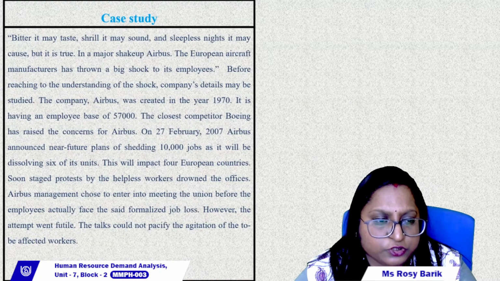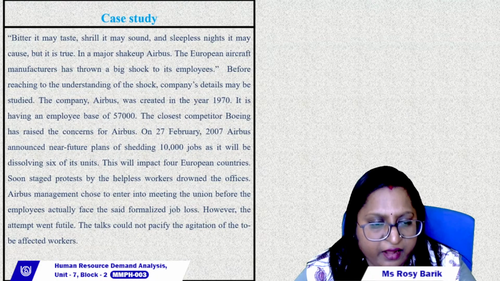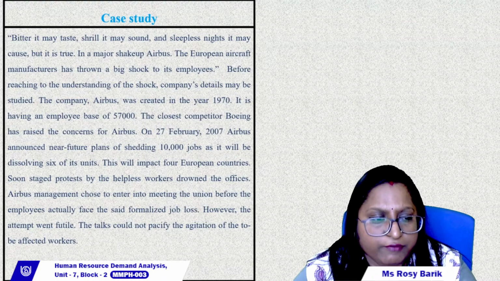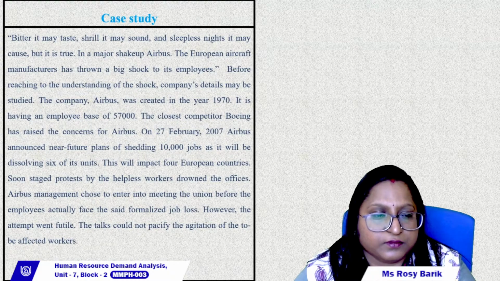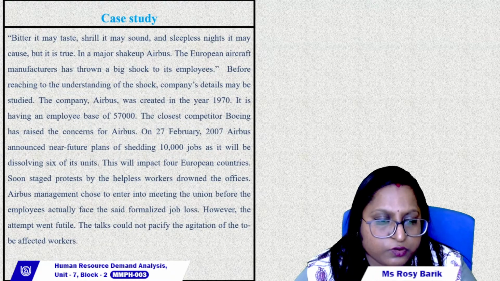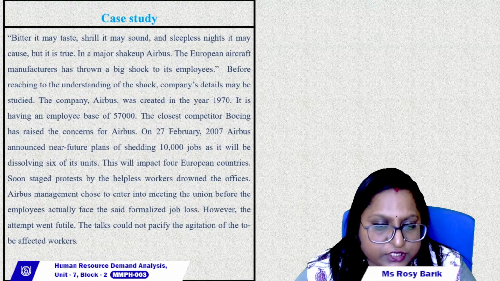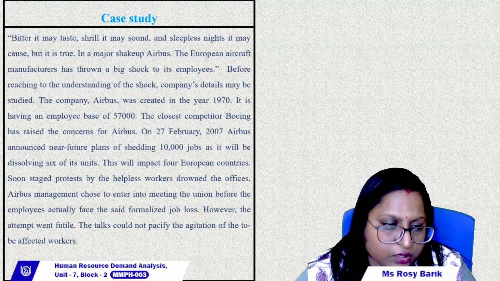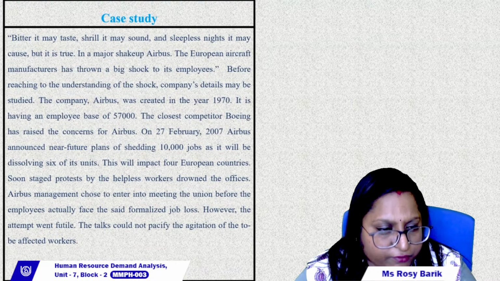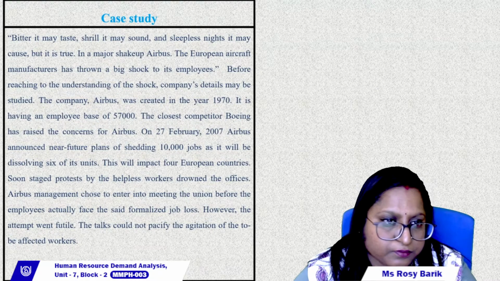Airbus management chose to meet the union before the employees actually faced the formalized job loss. However, the attempt went futile. The talks could not pacify the agitation of the workers, or of the to-be-affected workers.